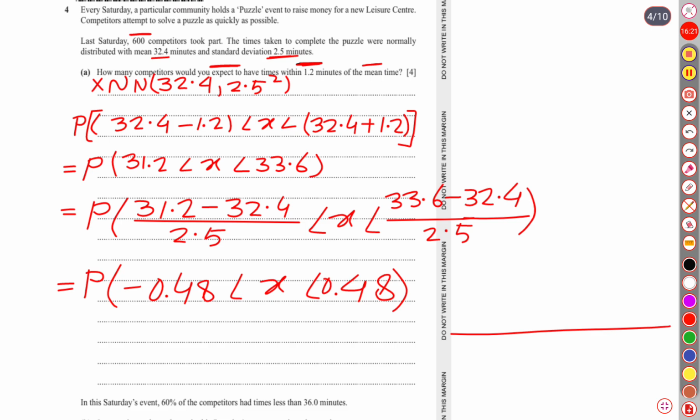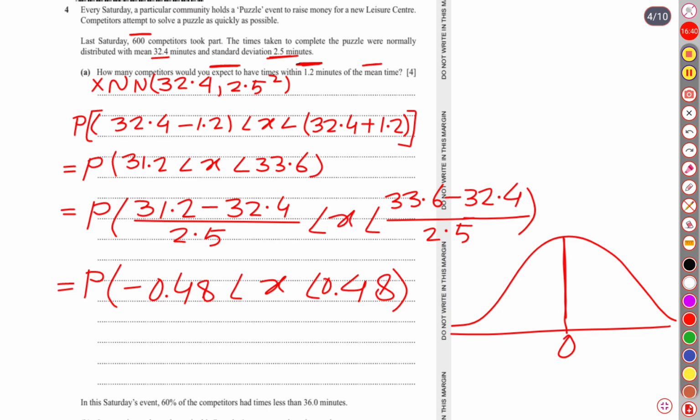Now we will have to draw our curve. Suppose this is our normal curve. The normal curve is always symmetrical. This is our mean value, where z is 0.